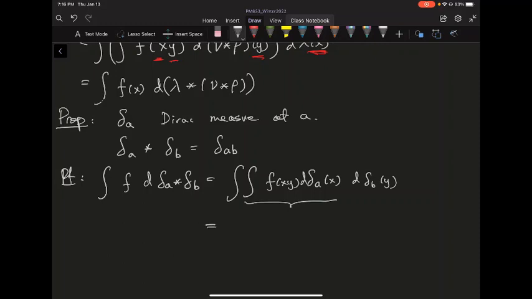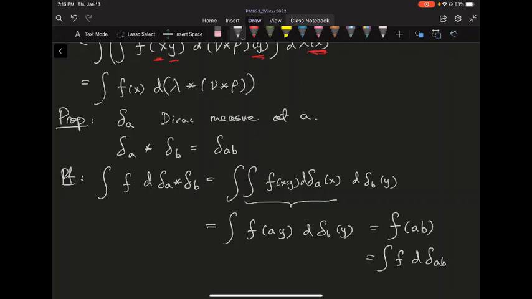So that's quite clear. This equals the integral of f(a,y) d delta_b(y). And similarly, the second one just returns the value when y takes the value b, so this is f(ab). But this is the integral of f with respect to delta_{ab}. Okay, so that finishes the proof.